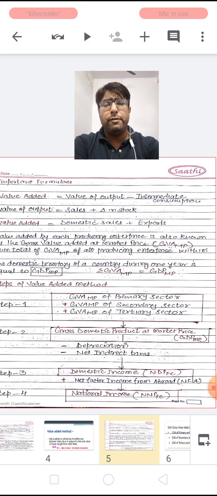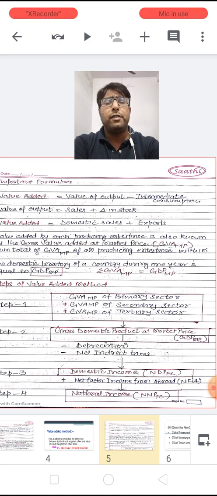So children, first we are moving from GDP-MP to NDP-FC, which is the domestic income. We subtract depreciation as well as net indirect taxes from the value of GDP-MP, and we get the value of NDP-FC, which is known as the domestic income.